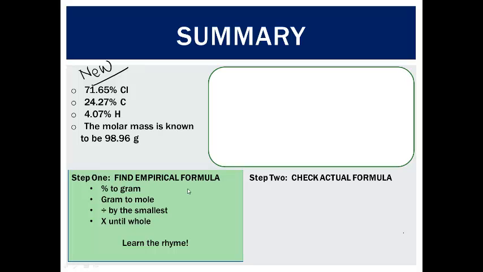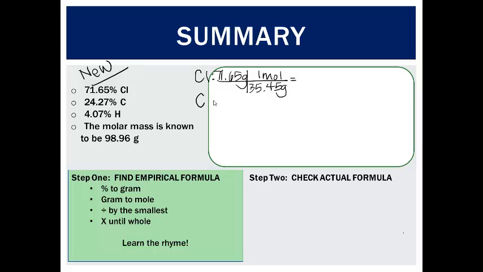You are responsible for learning that rhyme. So if we come over here and say 71.65 grams to mole. Okay, this was chlorine, so you look up chlorine on the table for grams in 1 mole. All right, that's for chlorine.